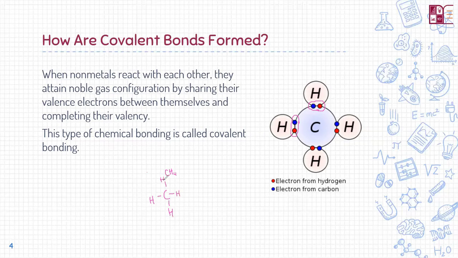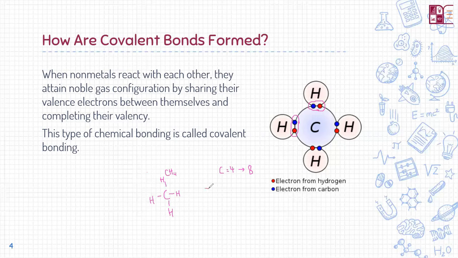Each single line represents that one pair of electrons has been shared: one electron from the carbon atom, and one electron from the hydrogen atom. Carbon is in group 4, so it has 4 valence electrons in its outermost shell. It needs 4 more to attain the configuration of 8 electrons in the outermost shell. So it has to form 4 covalent bonds with the hydrogen atoms to complete its outermost shell. That is why it makes 4 single covalent bonds.